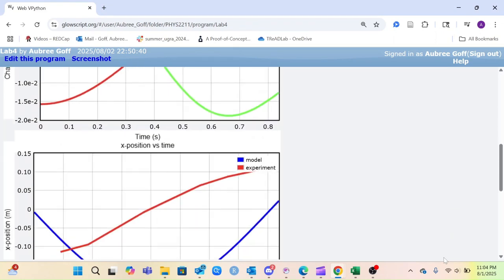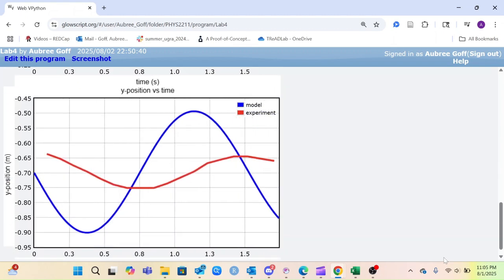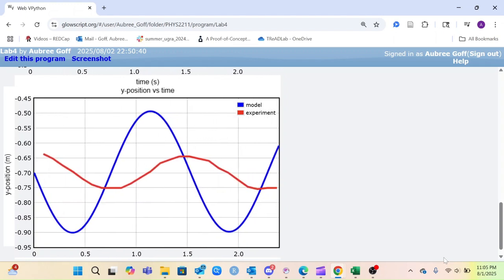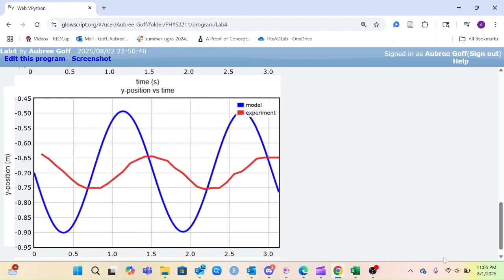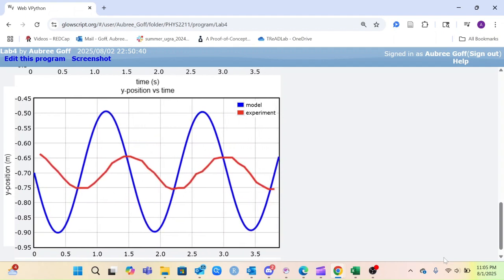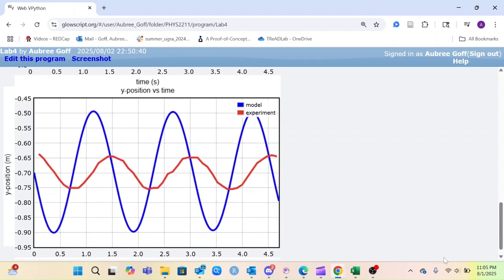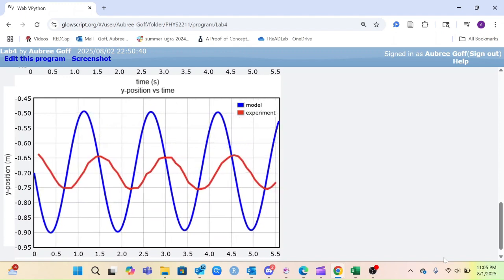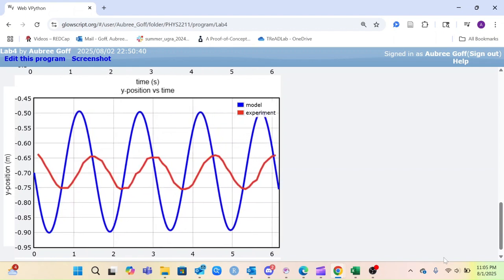Looking at the position graphs first, X position and Y position, the blue curves represent the model predictions and the red curves represent the real world tracking data. We can see that they similarly follow the experimental data, but it includes small deviations that are probably caused by external factors, like where I placed the center mass point within the actual computation, air resistance, a misalignment of the real setup, or any small inconsistencies.